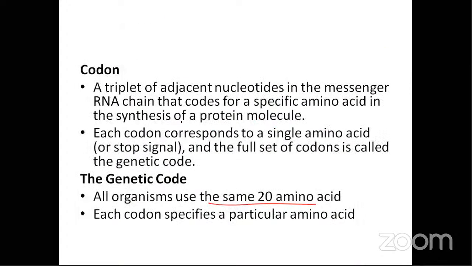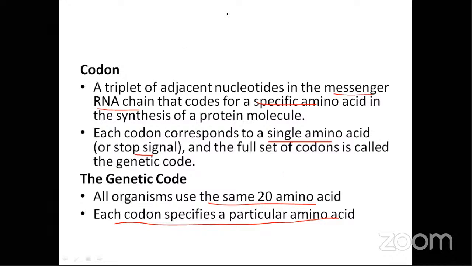Okay, so what was the definition? I already told you, they are the messenger in the RNA chain. They code for specific amino acid molecules, they correspond to a single amino acid signal or stop signal. This point is also important: each codon specifies a particular amino acid.